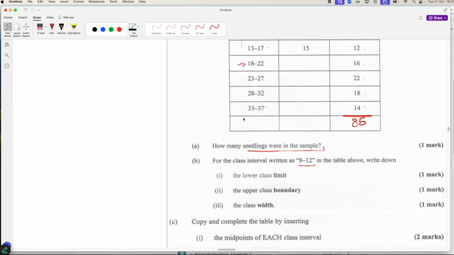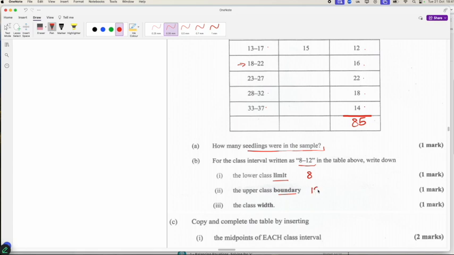Write down the lower class limit. So 8 to 12, what's the lower limit, guys? 8. Very good. The upper class boundary, 8 to 12, what's the upper boundary? 12.